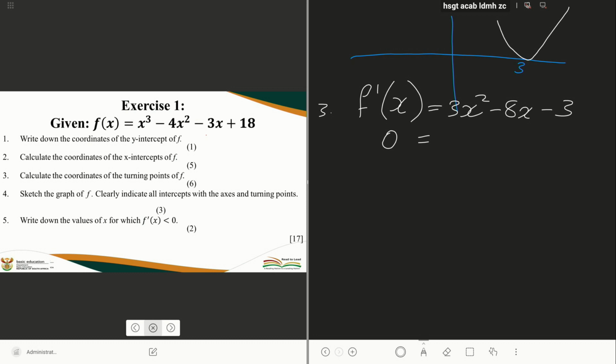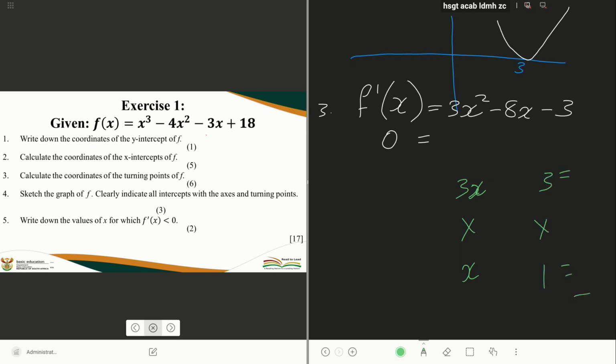How can I factorize this? I can say 3x squared, 3x times x. This side, I'm targeting to get the negative 3. This side can be 3 times 1.